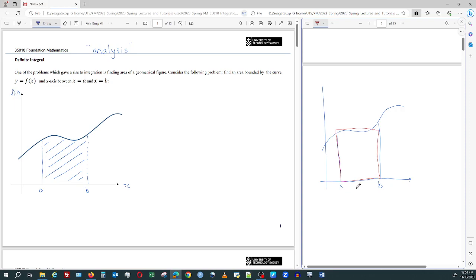In other words, we've got a width, breadth, and a height, and we can specify the area by looking at all of the space inside that one, which would be b minus a times, that would give you your breadth, the height, and the function value that's taken on there, the function value minus 0. So surely that would be a reasonable approximation.